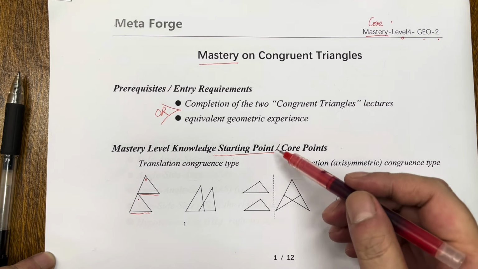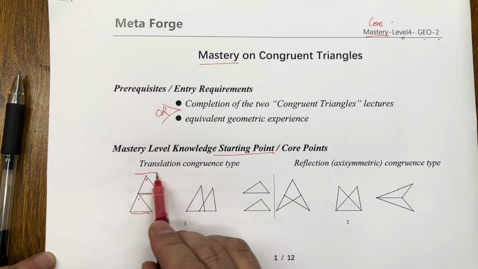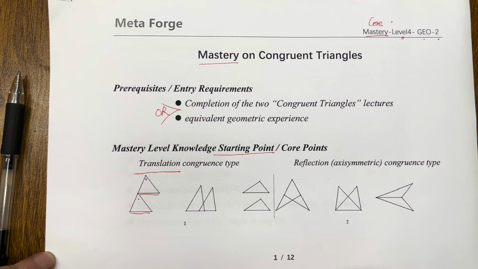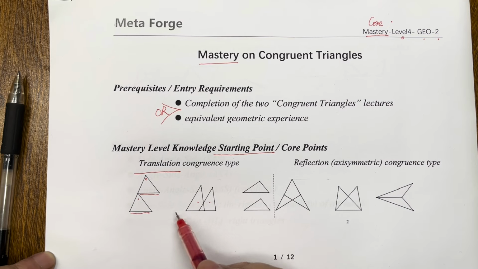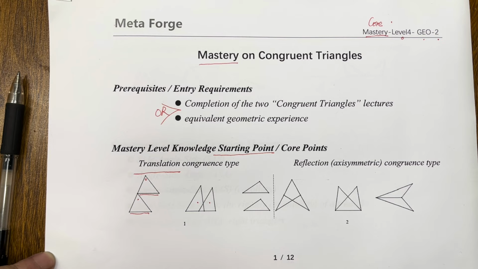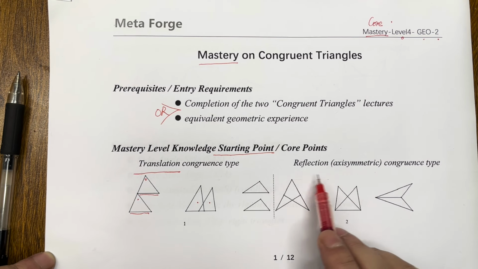The first type is translation congruence. Congruent triangles, the difference between them is just the location. Okay. The second type is reflection.